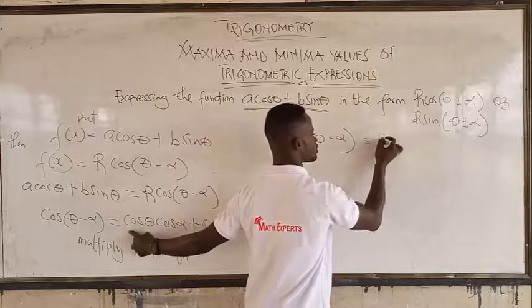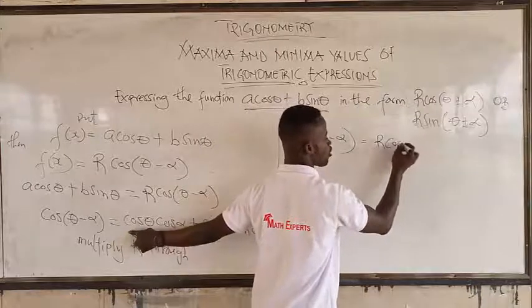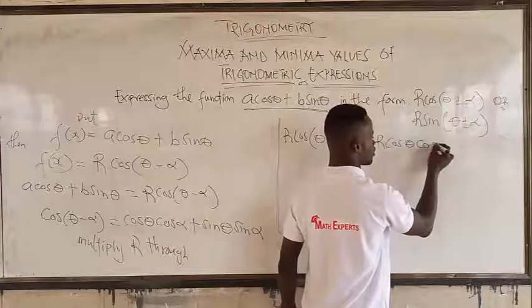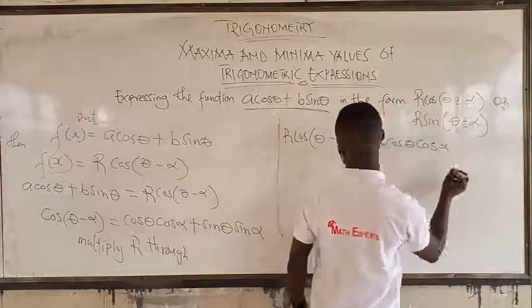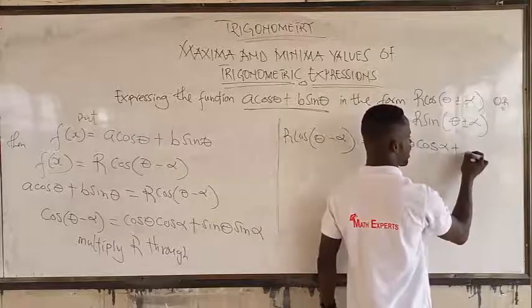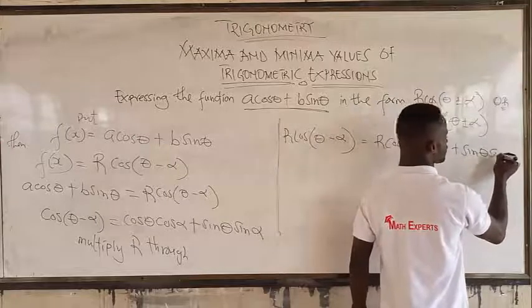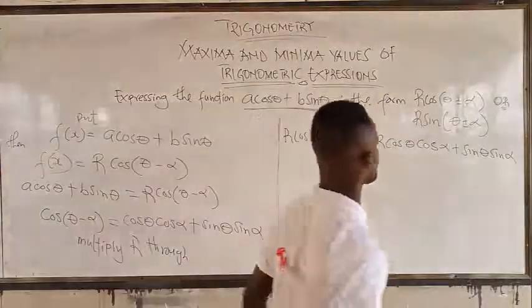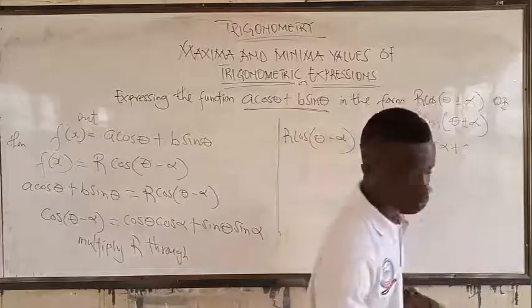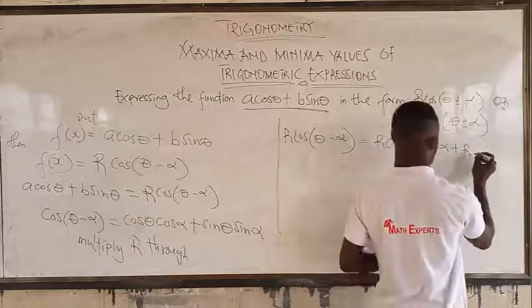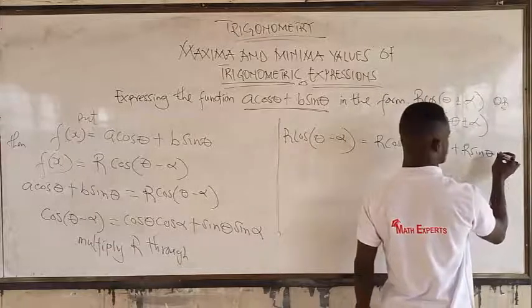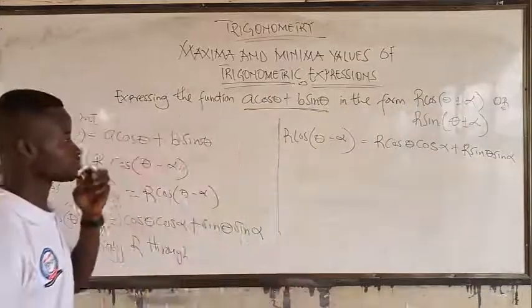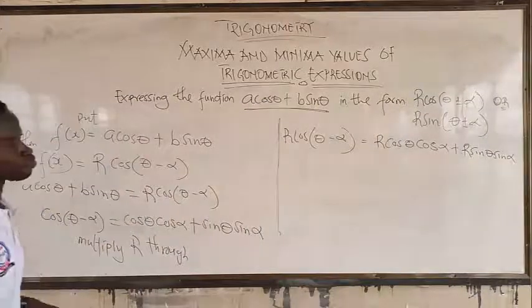Then r through this, we get r cos theta cos alpha plus sin theta sin alpha. Oh, forgot to bring the r. Very good. So now, that is that.